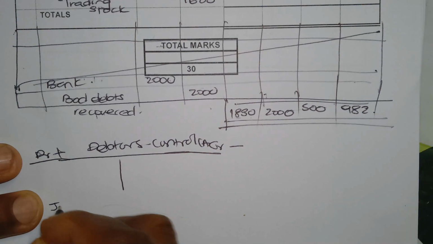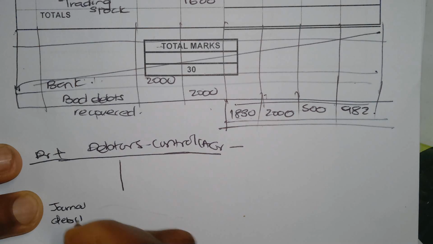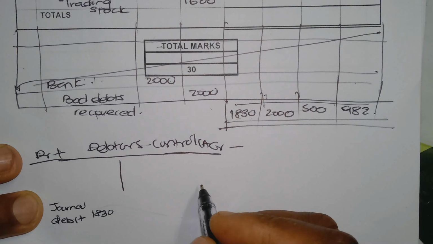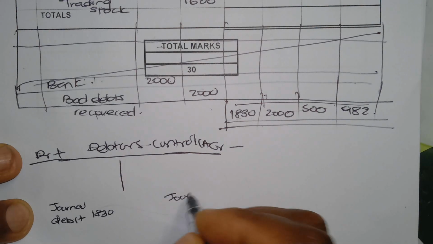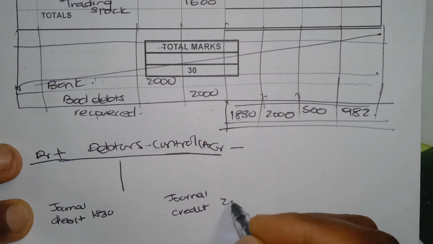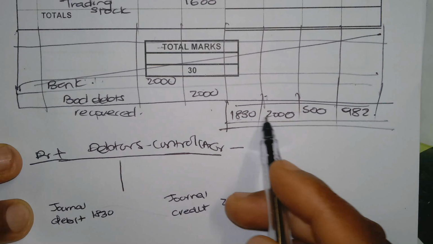You will say journal debit. And then you put the amount of 1,820. And then this side you will say journal credit, and then you put the amount of 2,000. This is how you post these two.